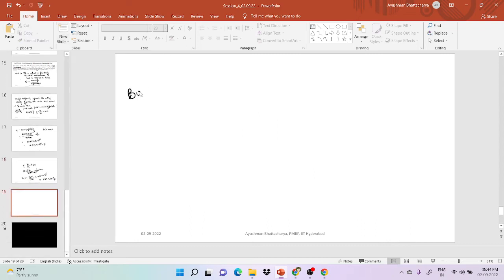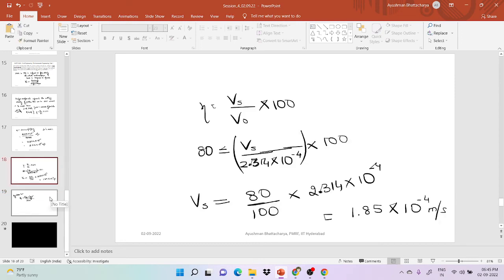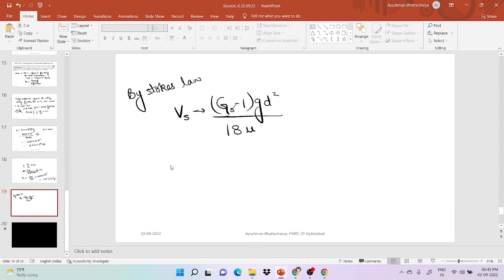So by Stokes law, we know Vs is equal to (Gs minus 1) g d square upon 18 mu. So Vs we have found out to be 1.85 into 10 raised to minus 4.